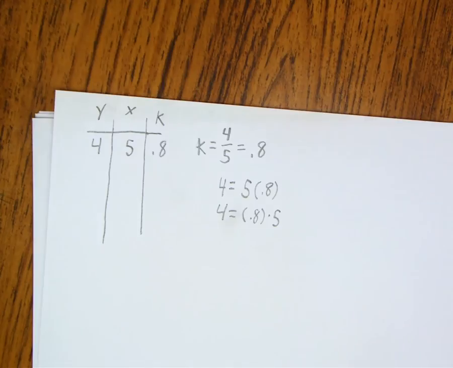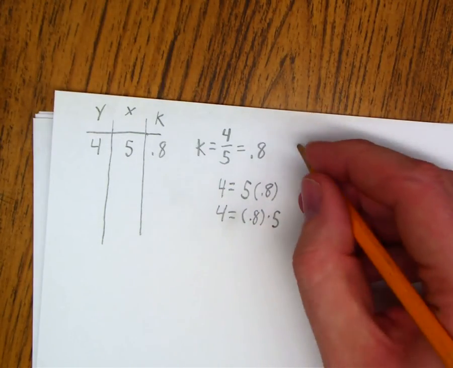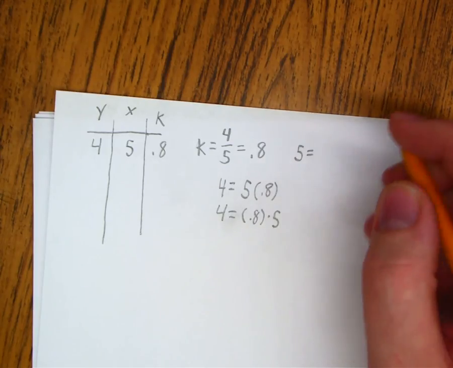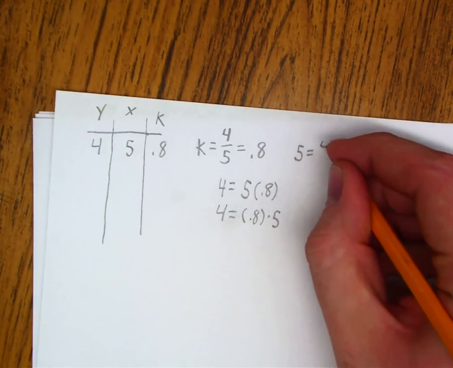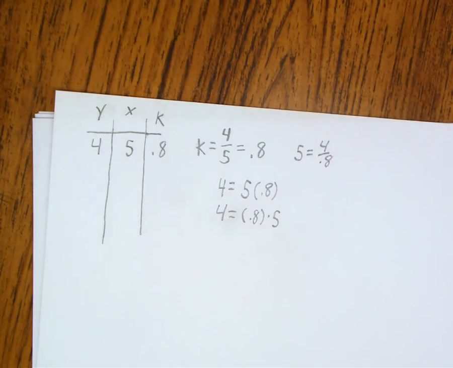And we can also write another statement with respect to division where we can say that 5 is equal to 4 divided by 0.8. These are all the fact families that we can use from these sets of numbers, 4, 5, and 0.8. Now that might feel sort of familiar.